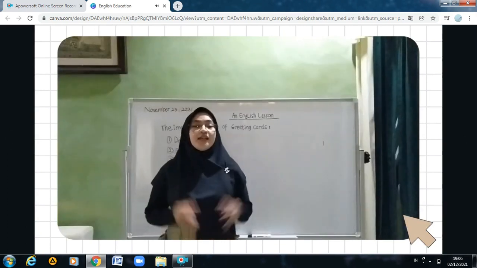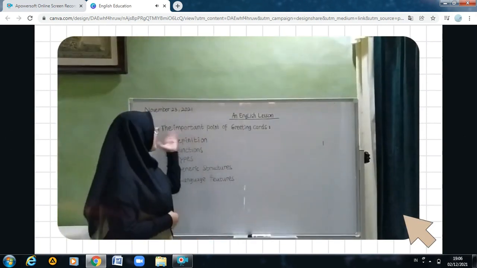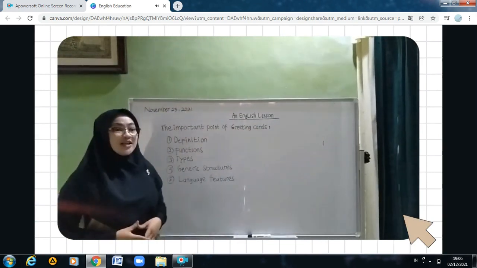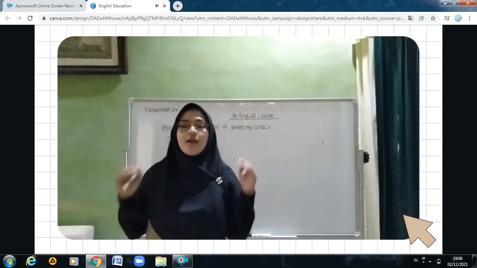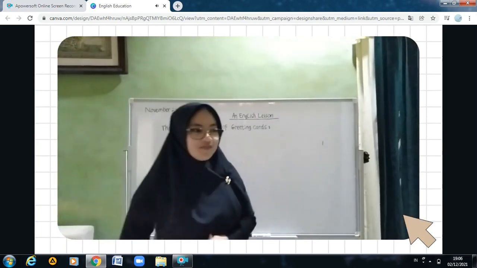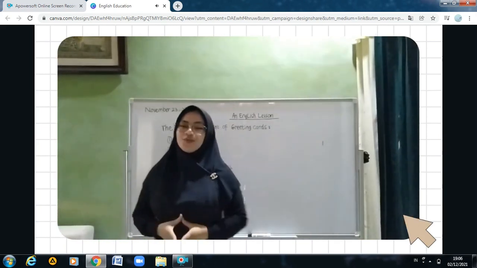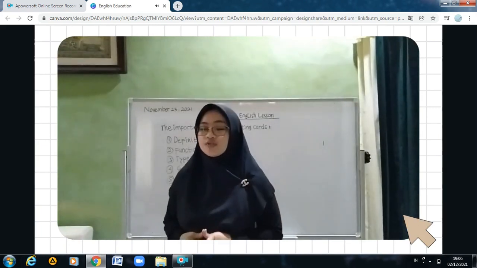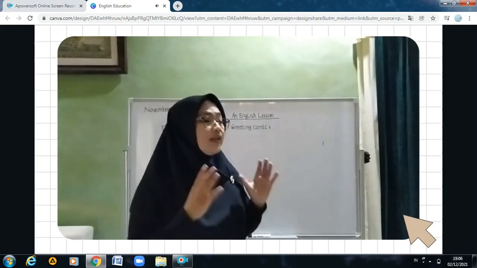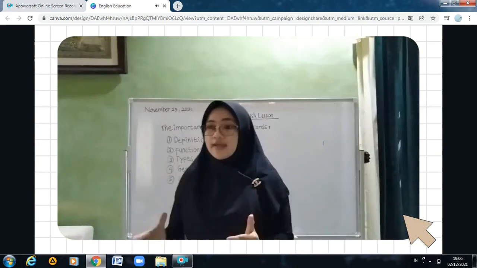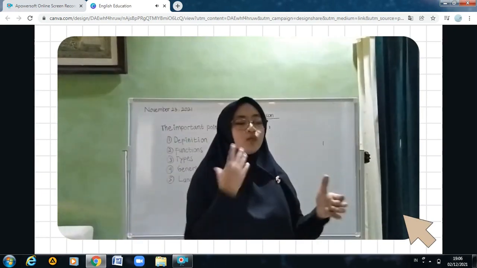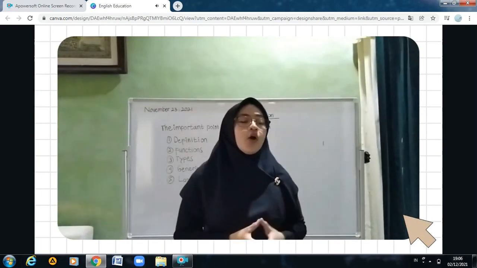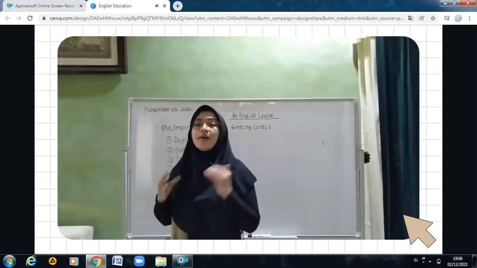Okay, students, now we begin to discuss the important points of greeting card. The first one is definition. Is there anyone who knows what the definition of greeting card is? Alright, now I will tell you. Definition of greeting card, according to Purwati and Suraskara 2020, greeting cards are short texts containing prayers and wishes given to someone when they are celebrating an event or experiencing a particular event.